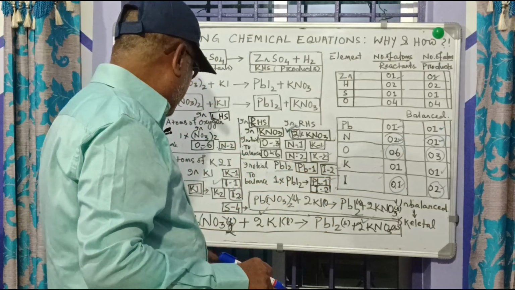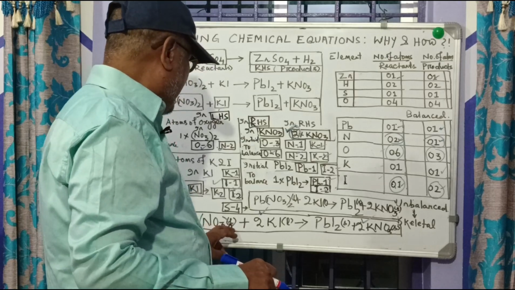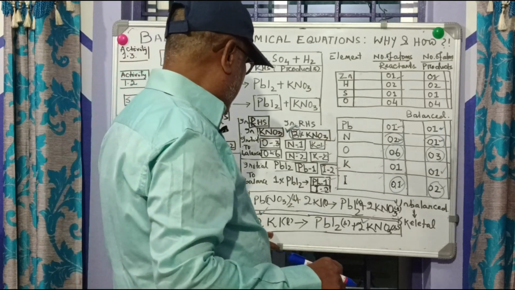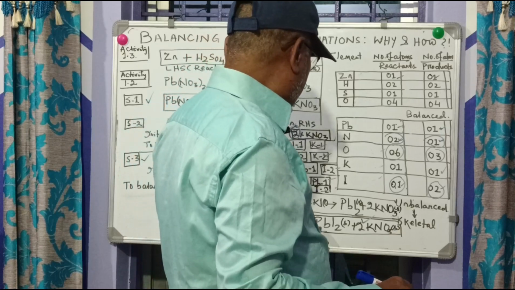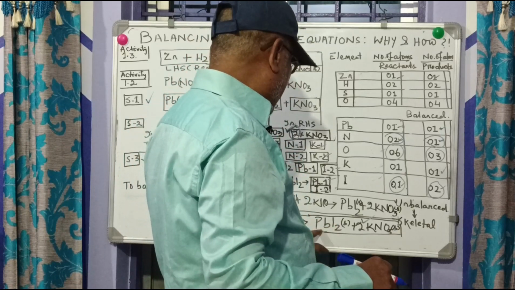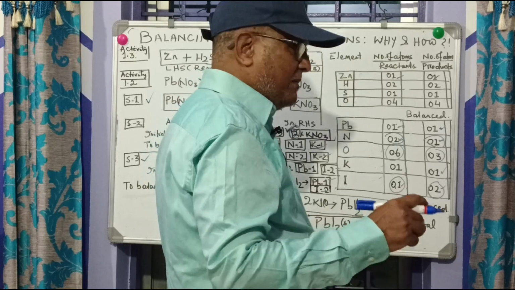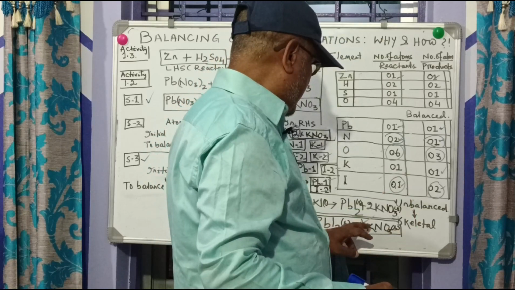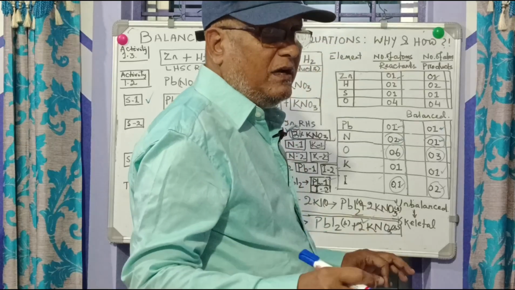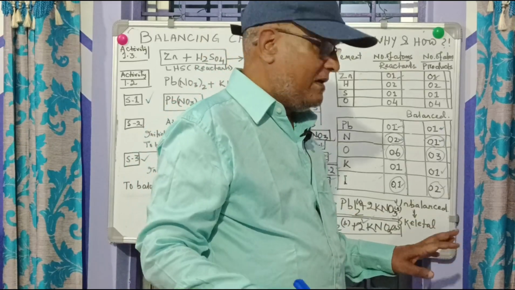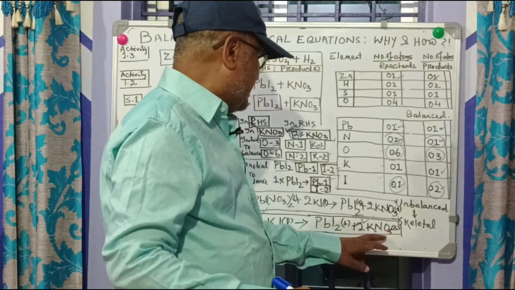So we have mentioned here lead nitrate aqueous and 2 potassium iodide aqueous and lead iodide, that is a solid precipitate, and 2 potassium nitrate, that is a soluble solid, denoted by aq.